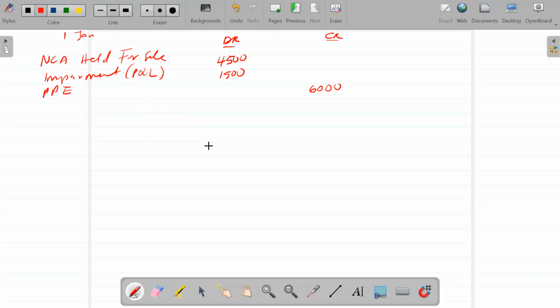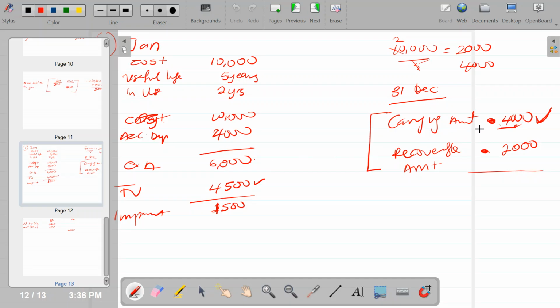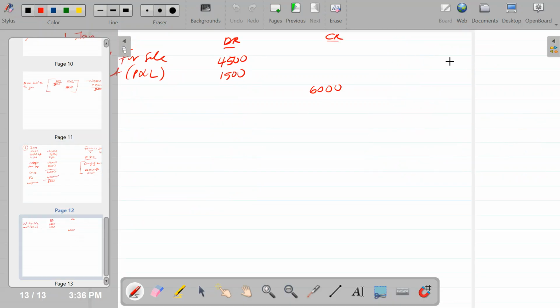Now on 31st December, we couldn't sell the asset, and we want to restate it. To restate it, we are told we have to find the carrying amount as if it had not been depreciated, if it had not been held for sale.